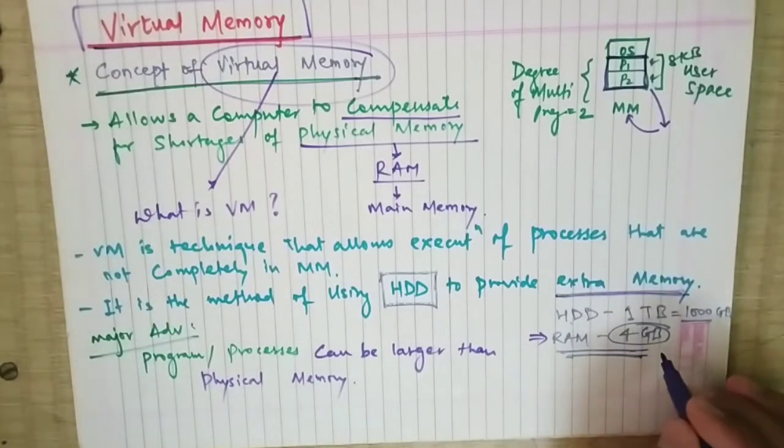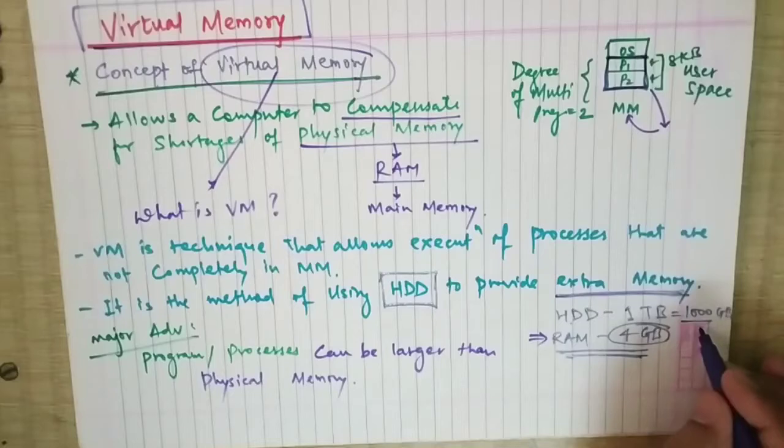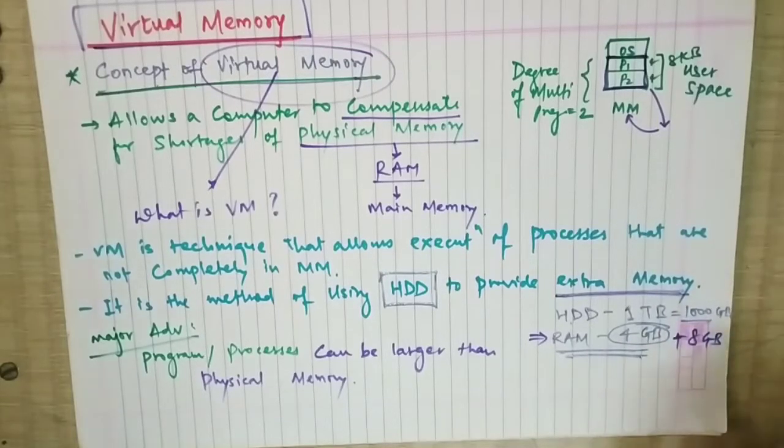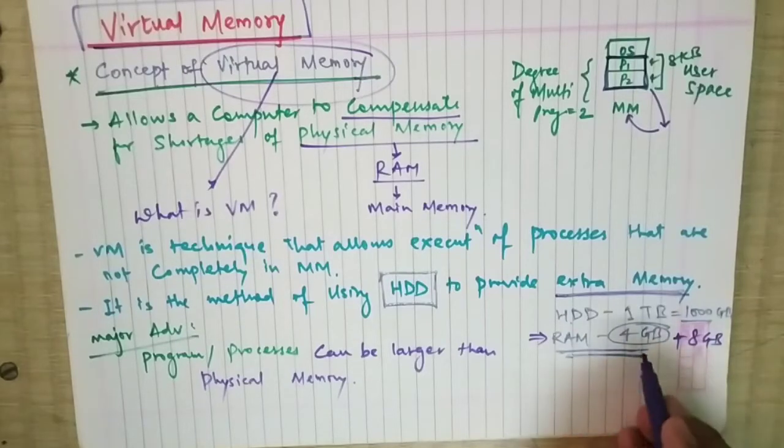For example, this RAM was 4 GB, and we have taken 6 GB, or for example 8 GB, from the hard disk. Usually we take virtual memory as double the RAM.